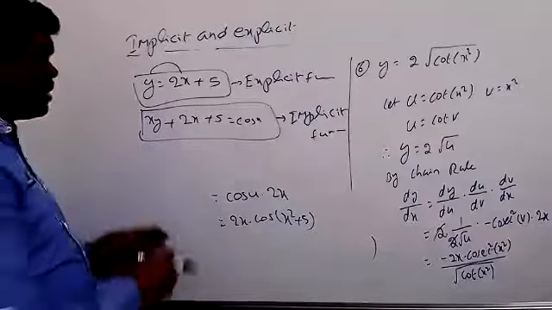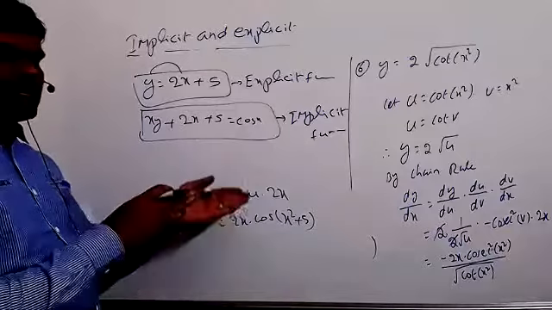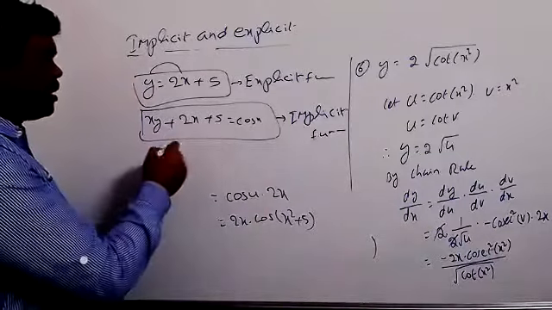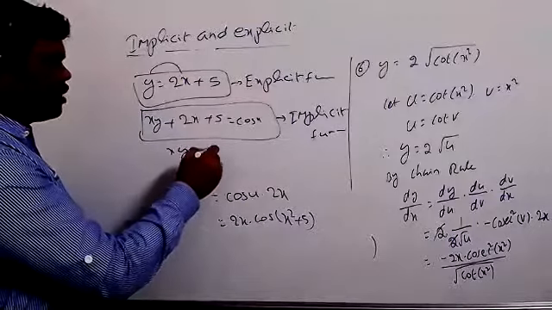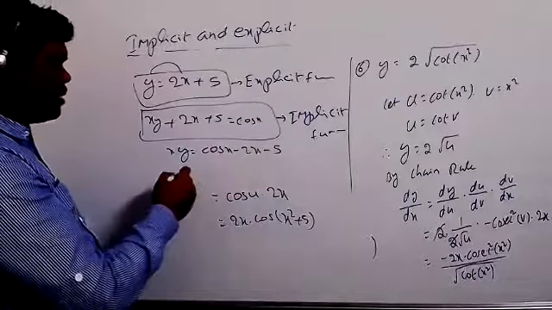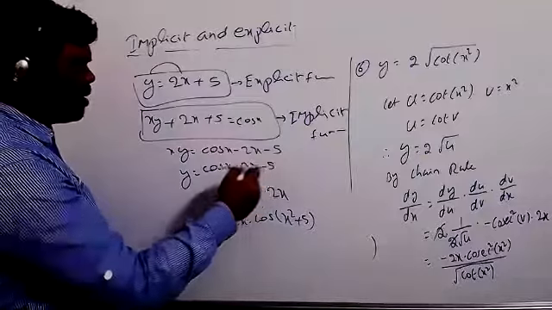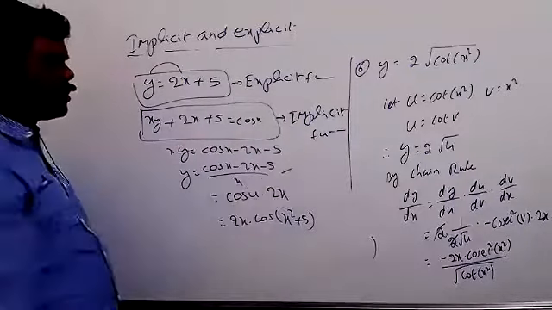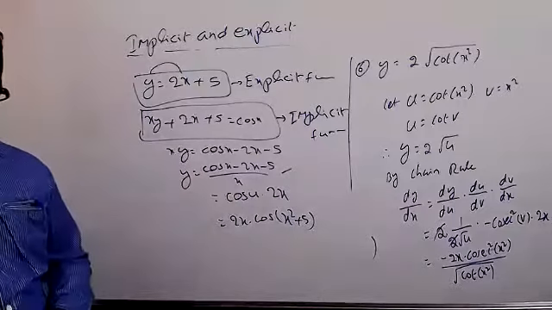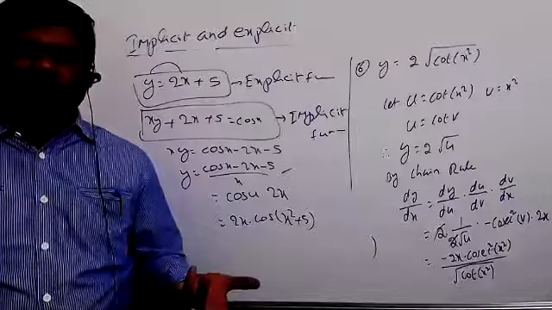Implicit. Then after we do some changes, that means the conversion, implicit to explicit. Then 2x you can write this side. Then what you get: xy equal to cos x minus 2x minus y. Then y equal to (cos x minus 2x minus y) by x. This is what we call explicit now. This is the conversion. Generally, if they give any equation, we can convert it into anything.